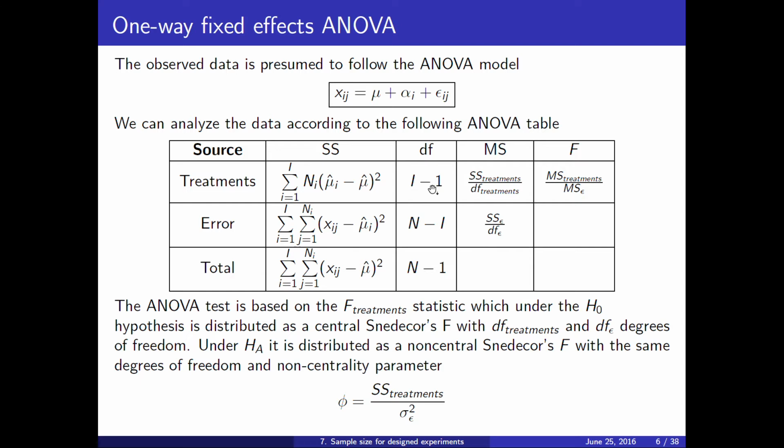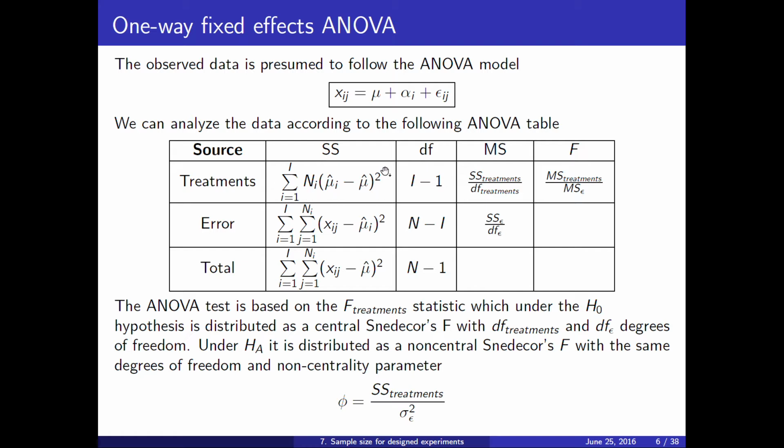Okay, so the Anova model is this one. A given observation depends on an overall mean, plus something that depends on the effect of the treatment you have received, the treatment i, plus something that depends on that particular person.